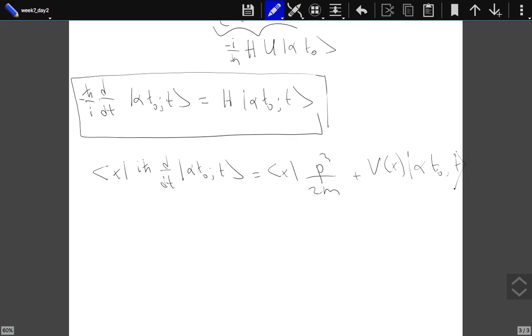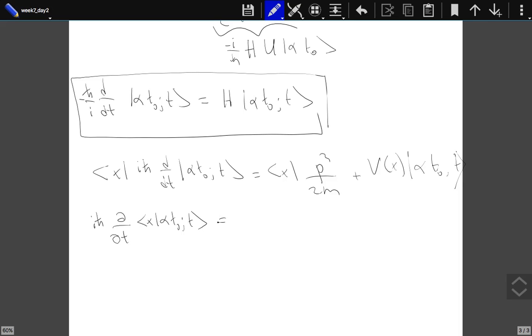Now the left-hand side, since the position eigenbra x doesn't depend on time, I can just take that time derivative out of my inner product. So the left-hand side just becomes I h bar del by del t of the bra x with alpha t0 t. It becomes the partial derivative because that inner product depends on the position and also time, but I'm only taking the derivative with respect to time.